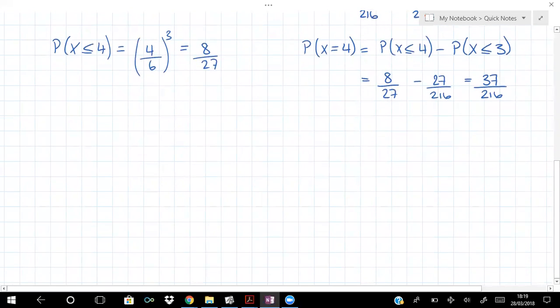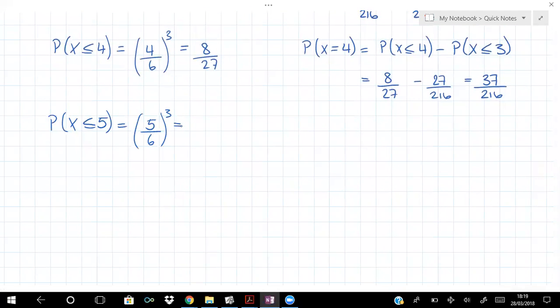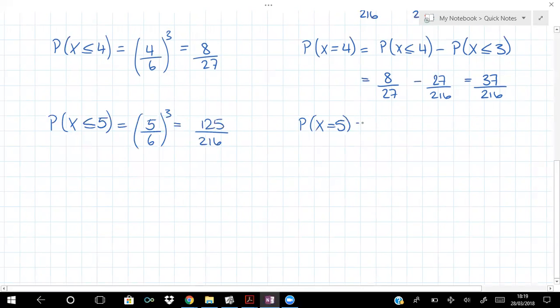Okay, so for the next one, the probability when x is less than or equal to 5. There's a 5 in 6 chance for every dice, which gives us 125 over 216.